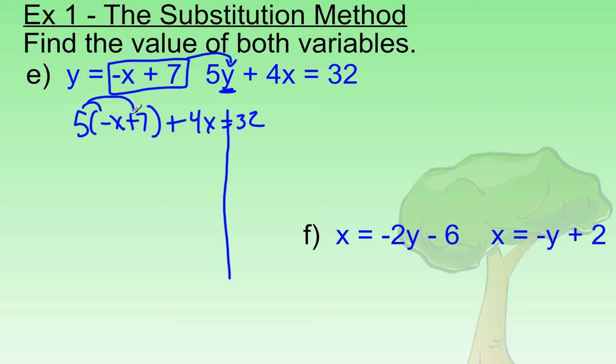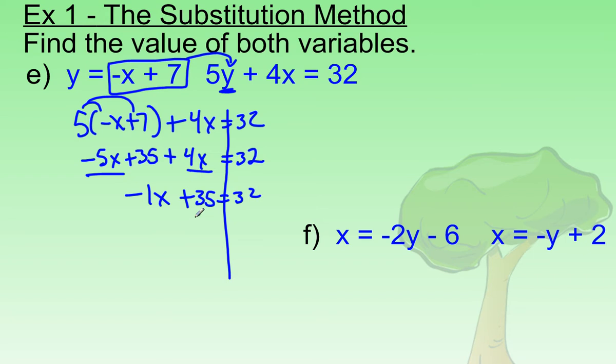We distribute: negative 5x plus 35 plus 4x equals 32. Combining like terms gives me a negative 1x and 35 equals 32. Subtract 35 on both sides gives me negative 1x equals a negative 3. And finally divide by negative 1.